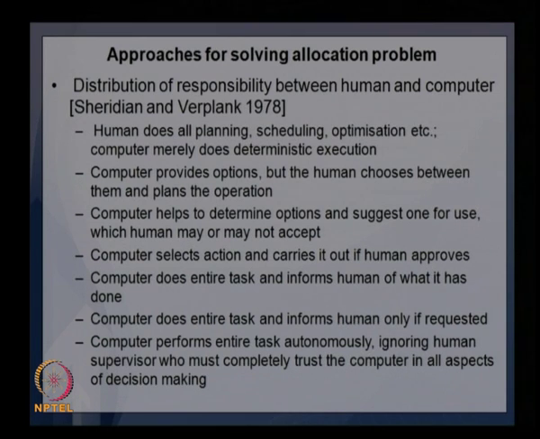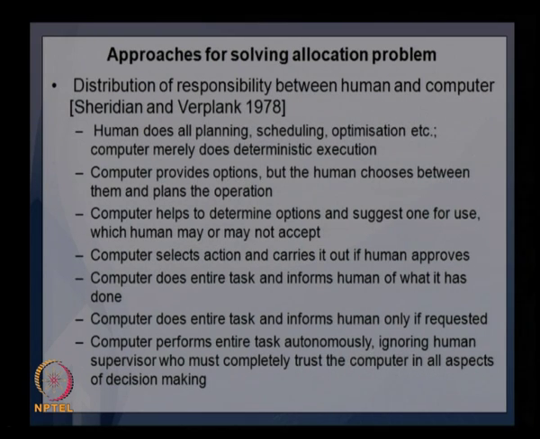The next one is the computer selects an action and carries it out if the human approves. So, here the actions are selected by the computer and it carries out the operation if the human operator approves it. So, it is more autonomy. The computer has the autonomy to identify the possible actions, suggest the options and choose the option, and it will execute it only if the operator says yes.